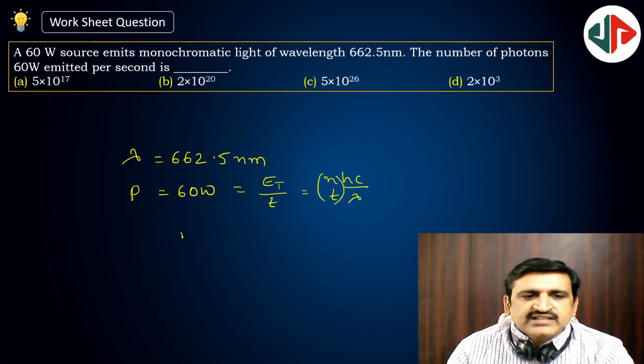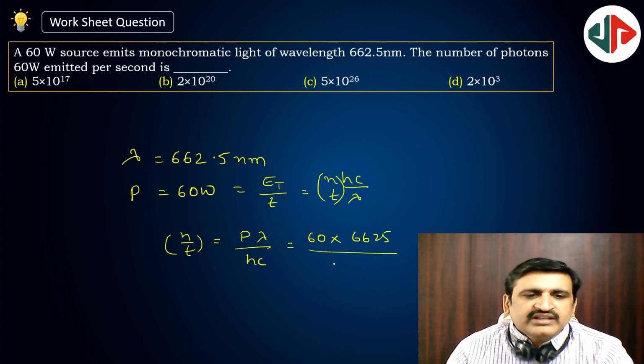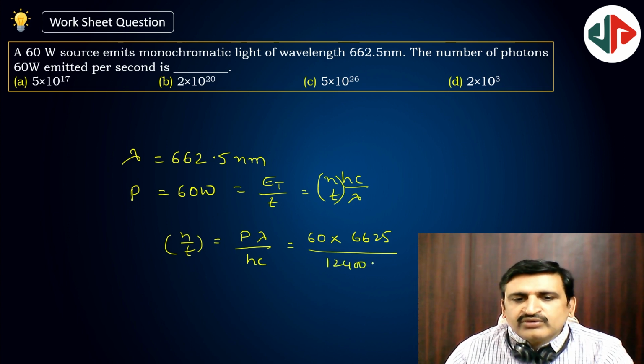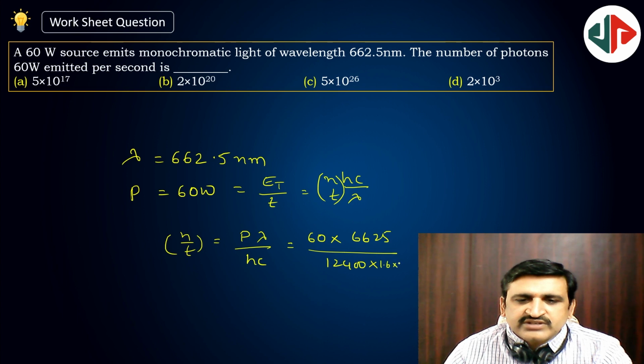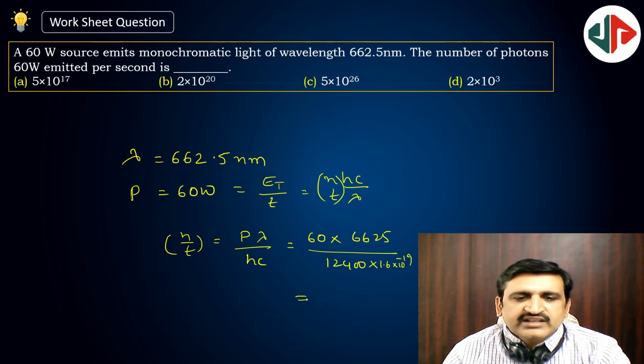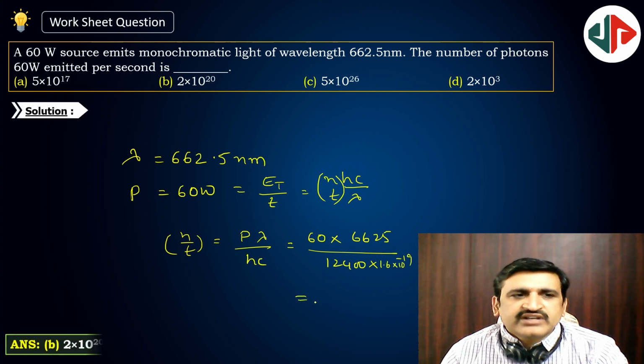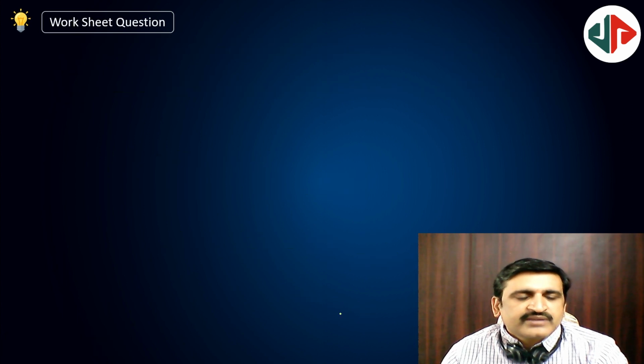So n by t is equal to P lambda by hc, or P value 60 into lambda value 6625 by hc 12,400, and since this will come in electron volt, you have to go for 1.6 into 10 to the power of minus 19. Then such a big number will come. That's why 10 to the power of 20, yes, option B.